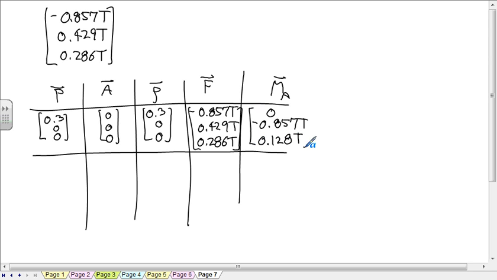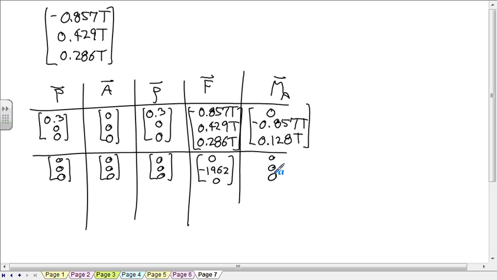Okay, so anyone get something like that? And now the weight force, that acts at the origin. About point is 0. Row vector is 0. That is in the negative y direction, so we have 0, negative 1962, 0. No moment.